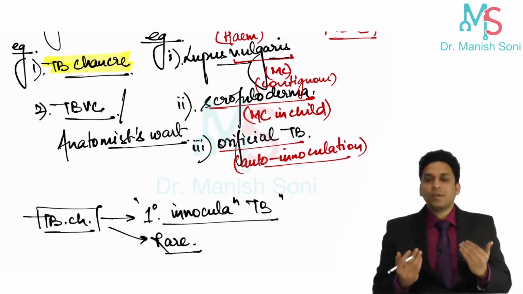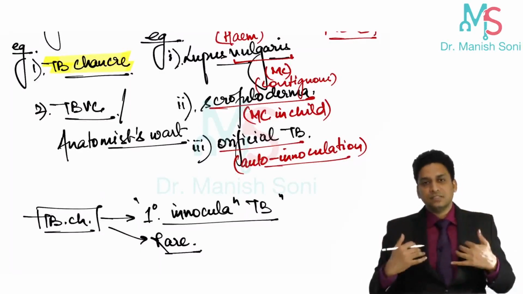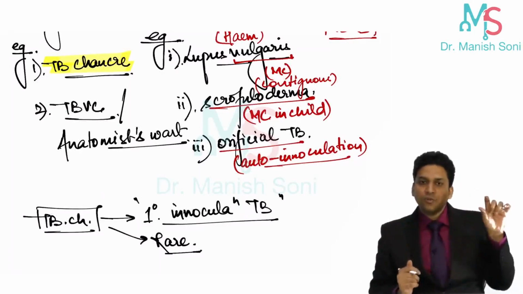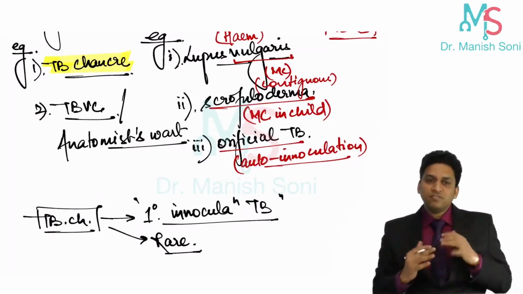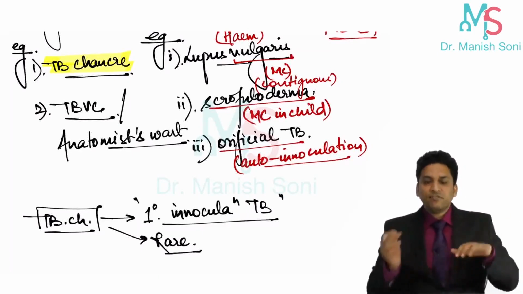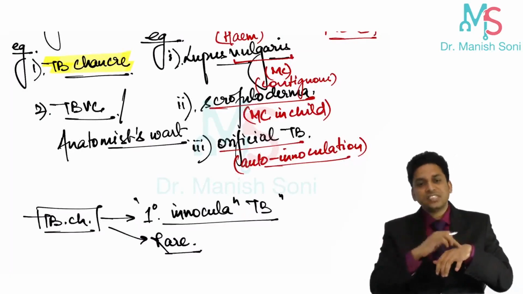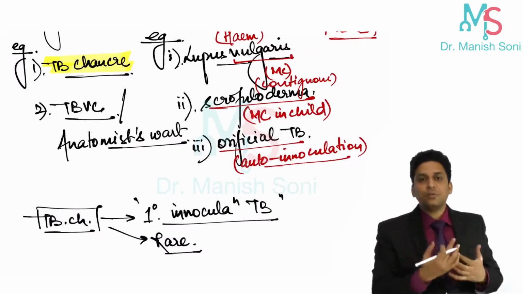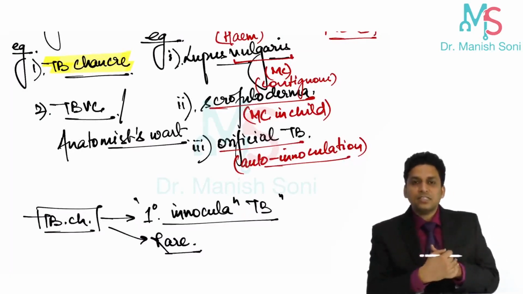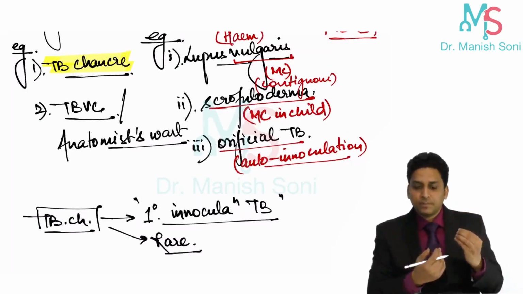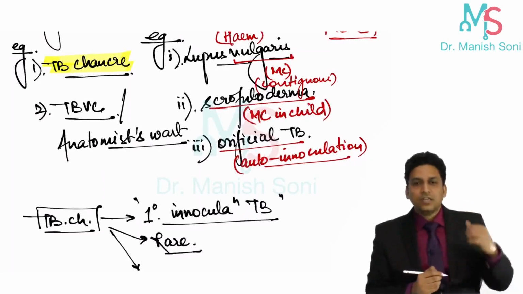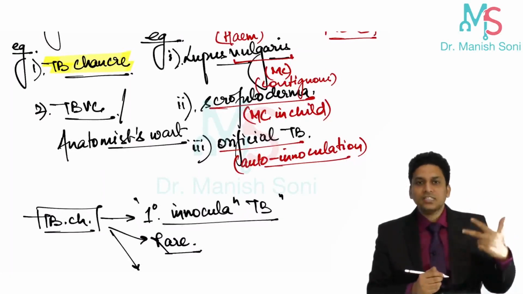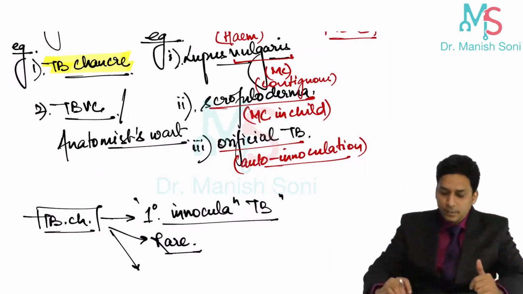Because primary tuberculosis occurs in the lungs, and the first focus formed is known as Ghon's focus. But if the patient is not exposed through the lungs and the first involvement occurs in the skin, then the first ulcer formed over the skin is known as tubercular chancre. It is analogous to Ghon's focus seen in lung.